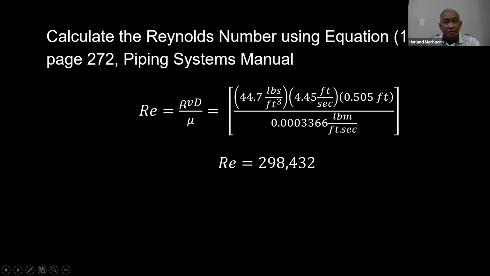Reynolds number is density times velocity times diameter all over the dynamic viscosity. So we have 44.7 pounds per cubic foot density, velocity 4.45, inside diameter of the 6-inch pipe 0.505 feet, and the dynamic viscosity 0.0003366.